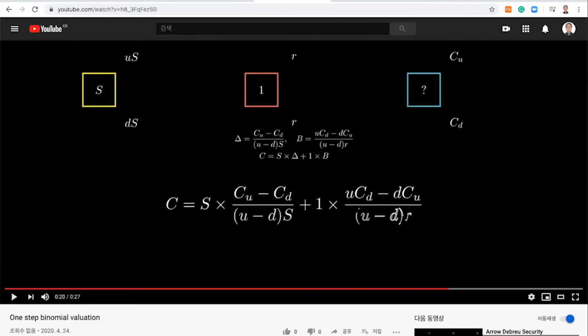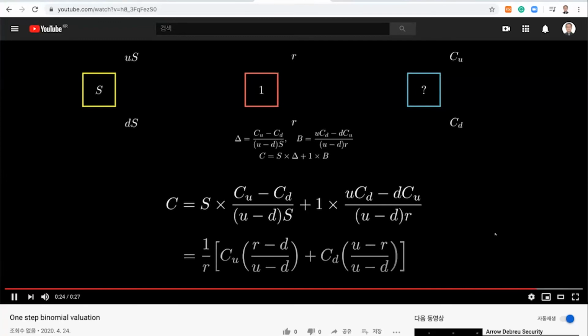But with a little modification of this formula, it shows us something really surprising. Looks complicated, but you already know what it means, because this is just a risk neutral valuation formula.